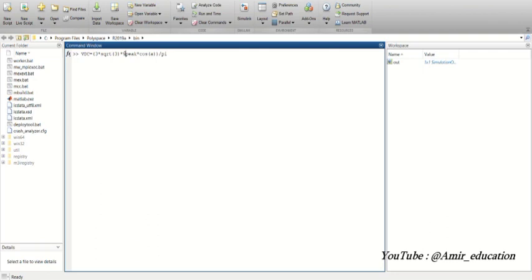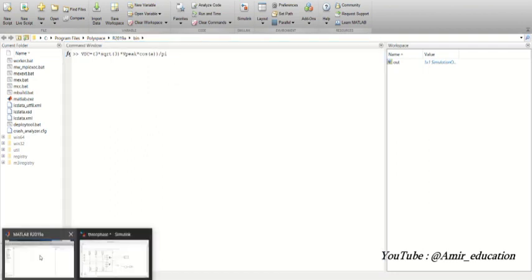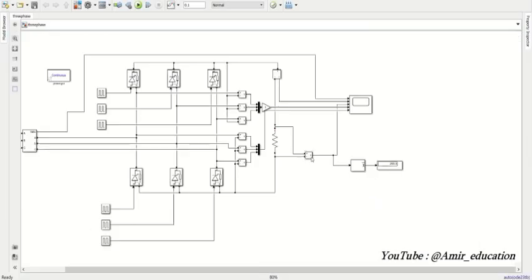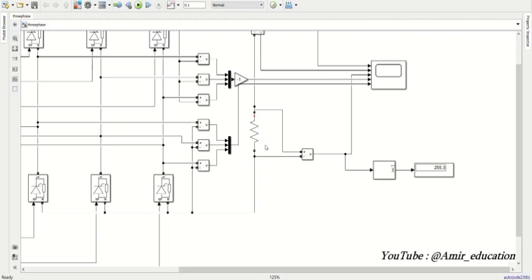If you put in the values, like Vpeak, which was 311, and the cosine of alpha, and divide by pi, it equals 255. So let's get back to our simulation.